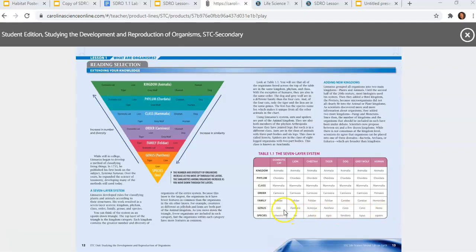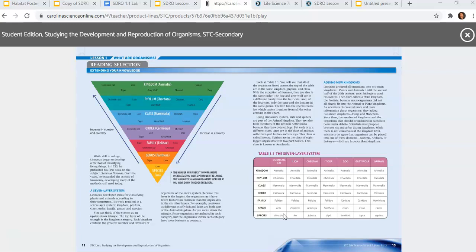Now, if you'll look closely, the genus and species names are written in a little bit different print. That type of print is called italics. If we were going to type the scientific name or genus and species name of an organism, we would type it in italics. If we were going to write it on a piece of paper with a pen or pencil, we would write it and then underline it. Underlining it means that it is a proper name, and in this case, it's a scientific name.